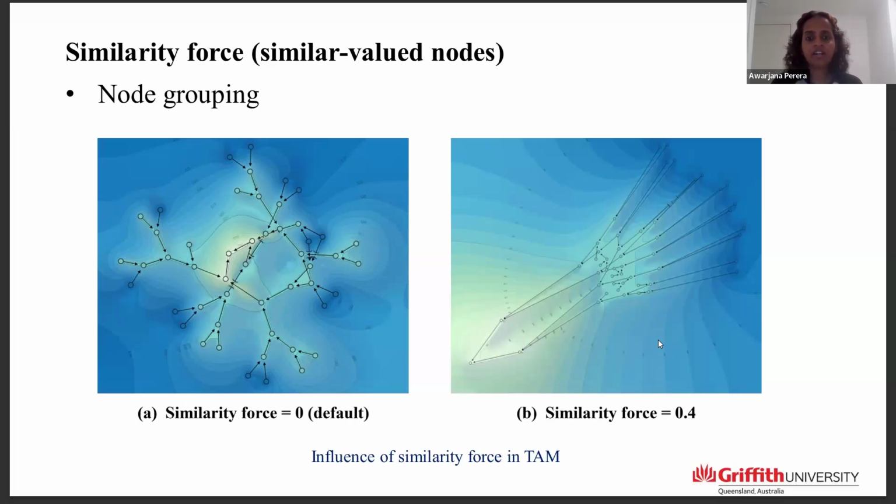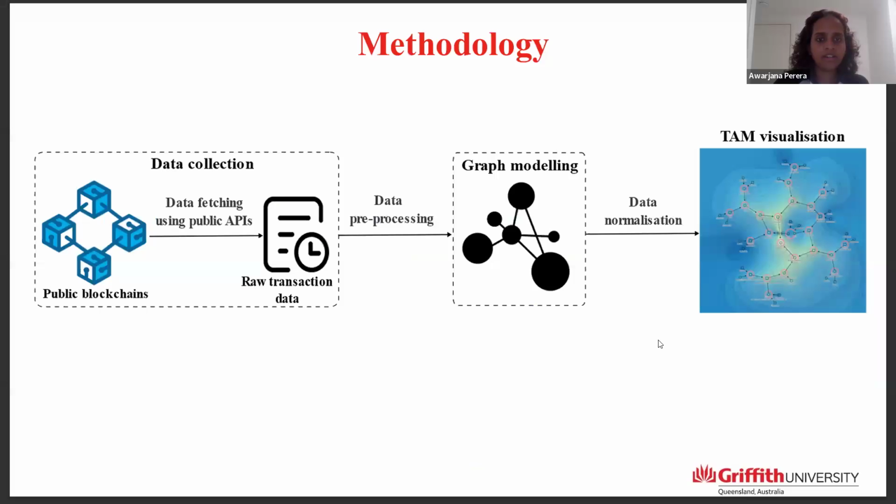In my case, I'm not concerned about placing similar valued nodes together. Instead, I'm focusing on identifying anomalies, so I don't want my nodes placed together. I'm going with the default value of the similarity force, because the first graph is clearer for identifying anomalies.